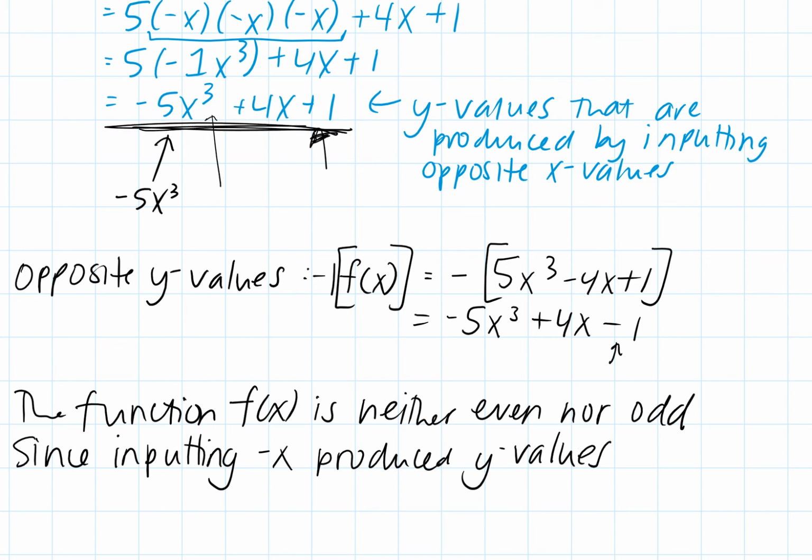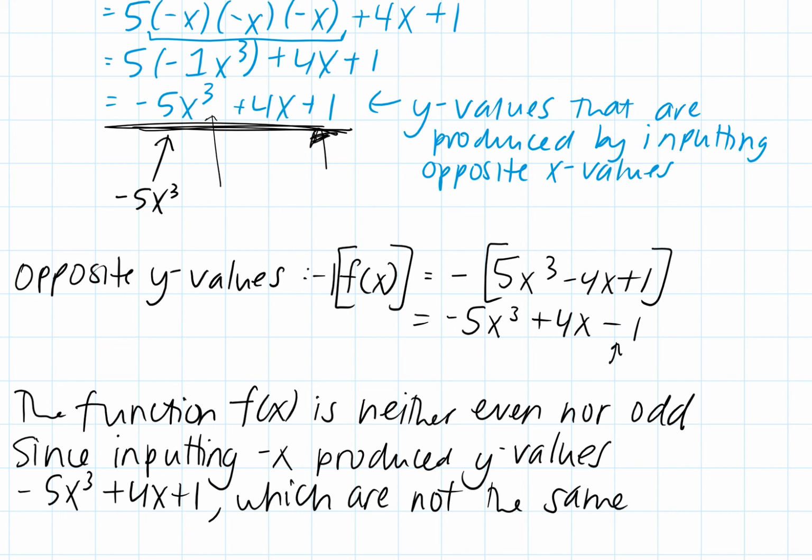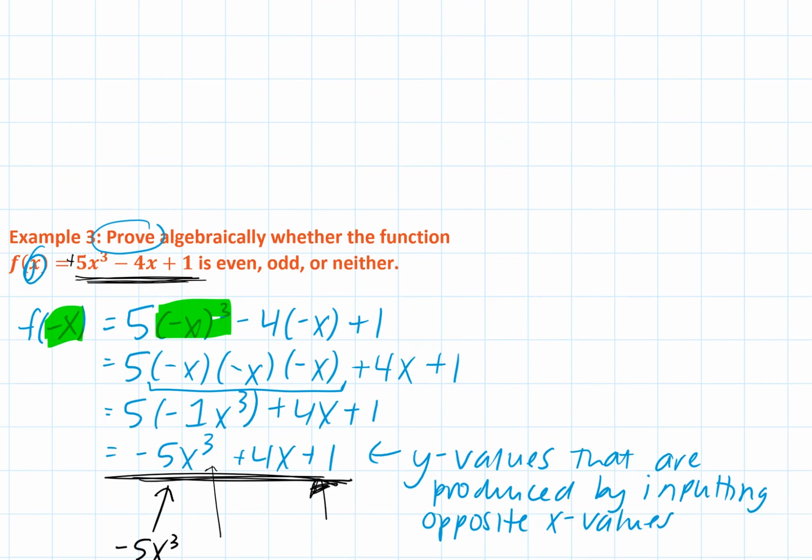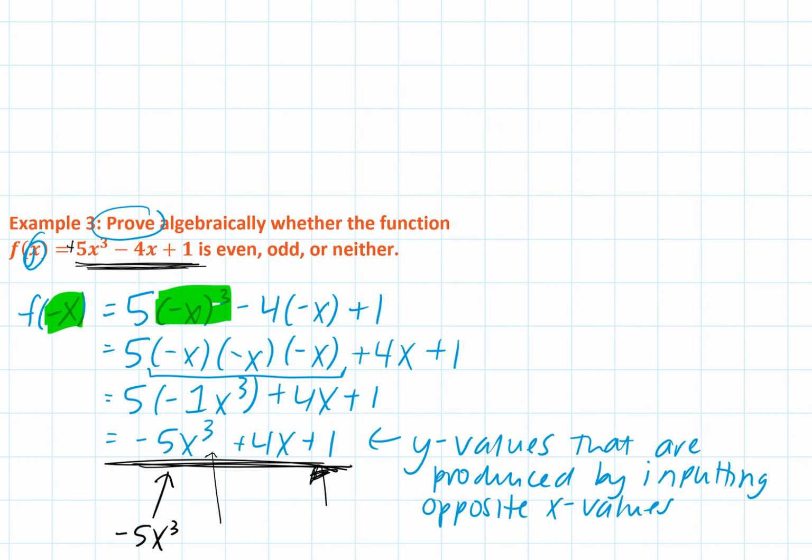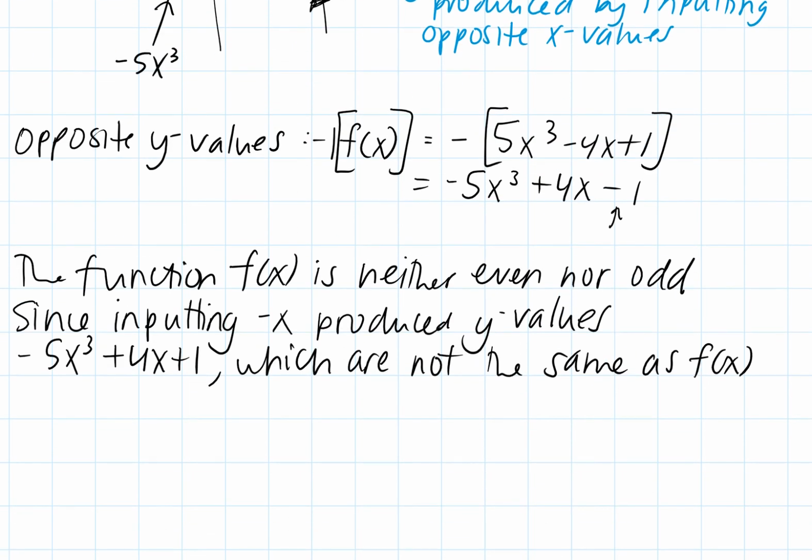Here's what we got, negative 5x cubed plus 4x plus 1, which are not the same as f of x. Our original function had positive 5x cubed. Here we're getting negative 5x cubed, nor are opposite.